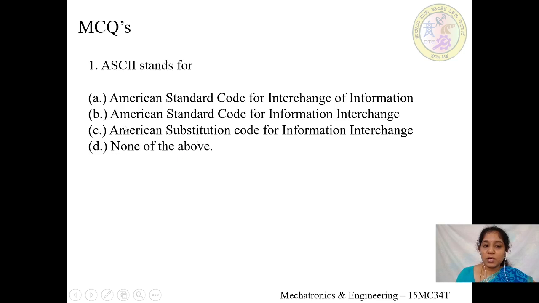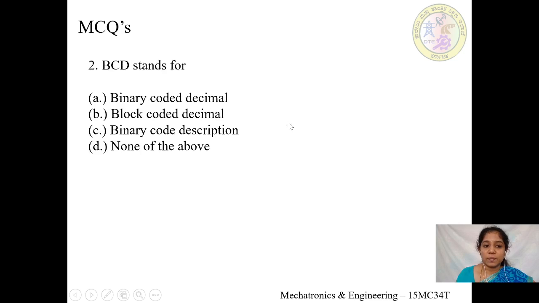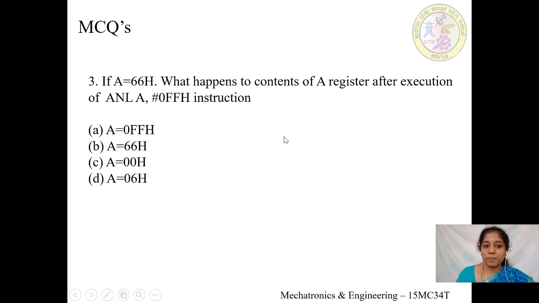Yes, it's option B. Second one, BCD stands for: option A, binary coded decimal; option B, block coded decimal; option C, binary code description; option D, none of the above. The answer is option A, binary coded decimal.